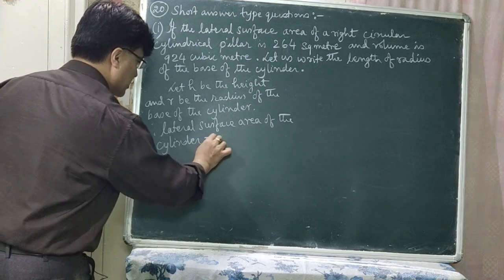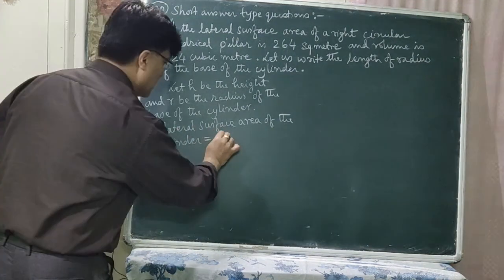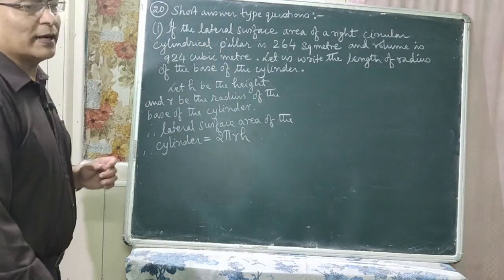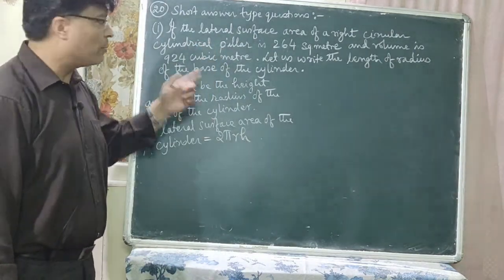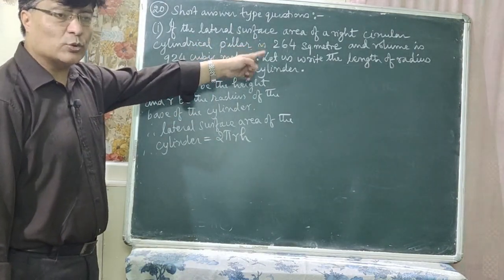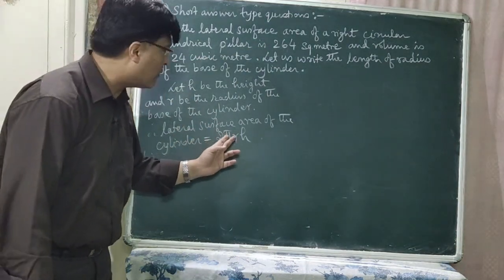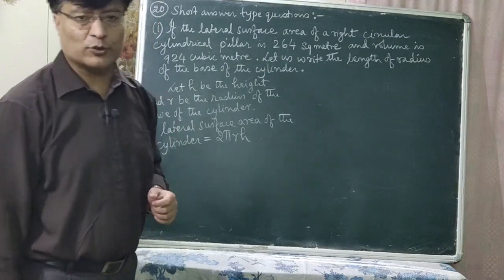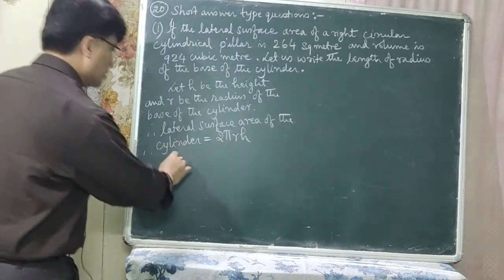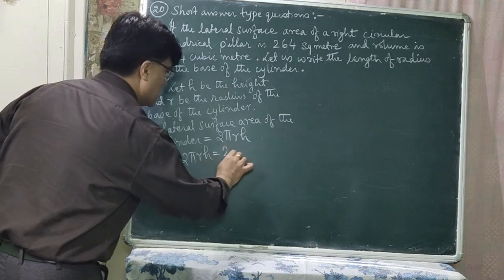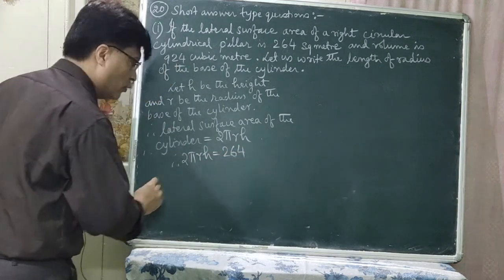Lateral surface area of the cylinder is equal to, what is the formula? This is 2 pi r h. But by question it is given as 264 square meter. That means we can equate this formula and 264 square meter. So 2 pi r h is equal to 264.